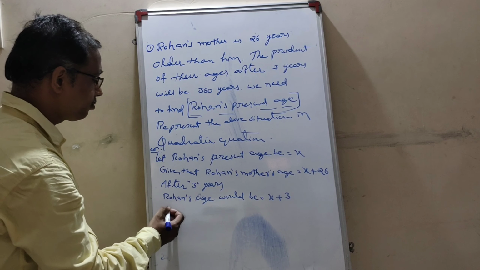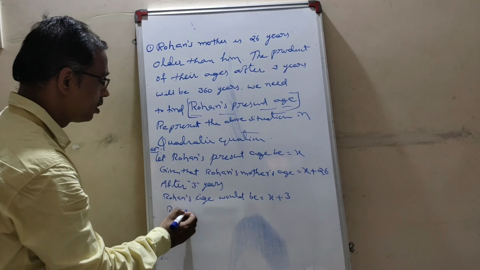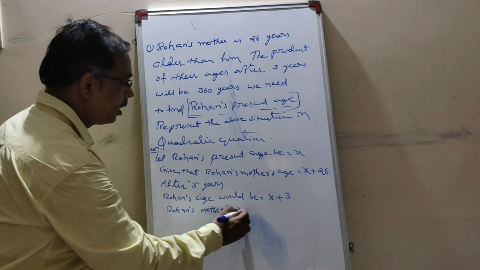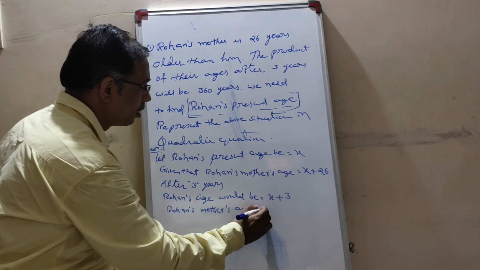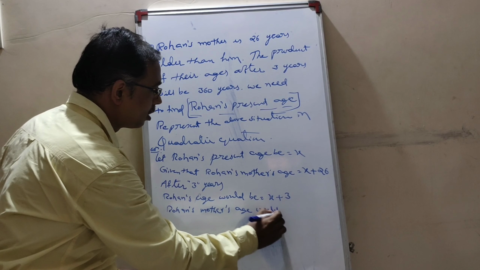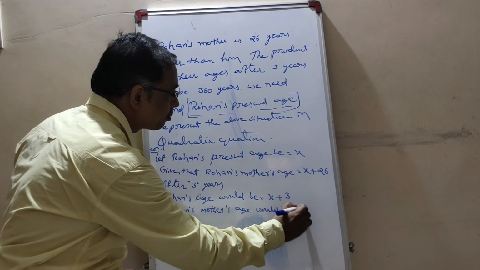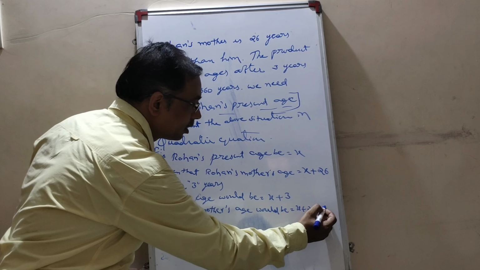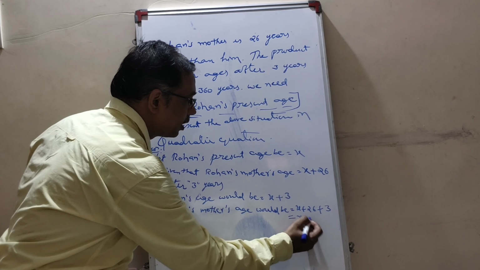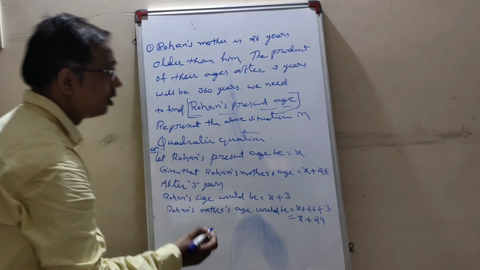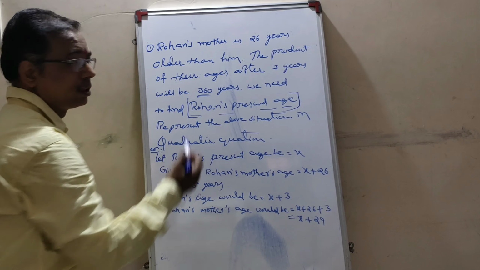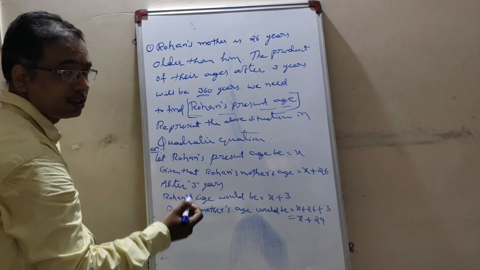And next, Rohan's mother's age would be x plus 26 plus 3. Then we get x plus 29. And also they give that the product of their ages at that time is 360.